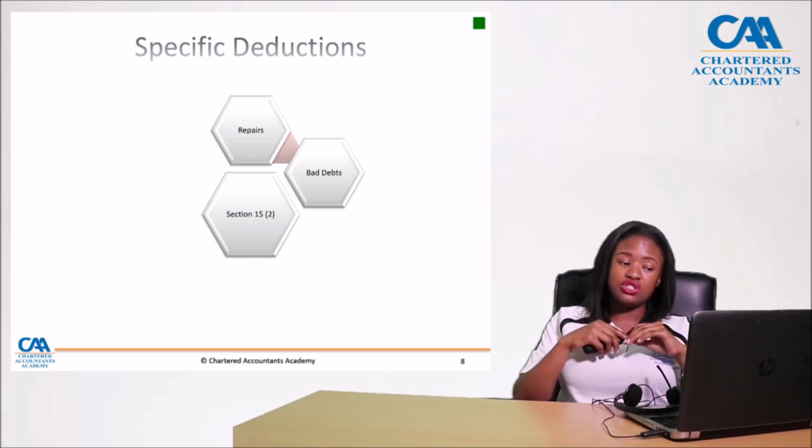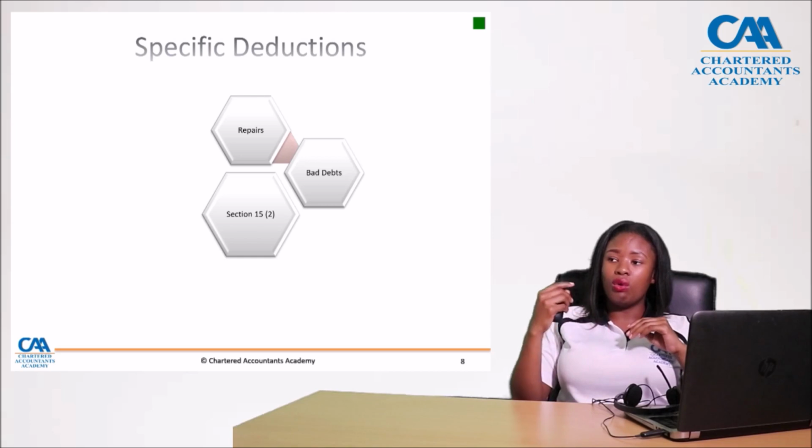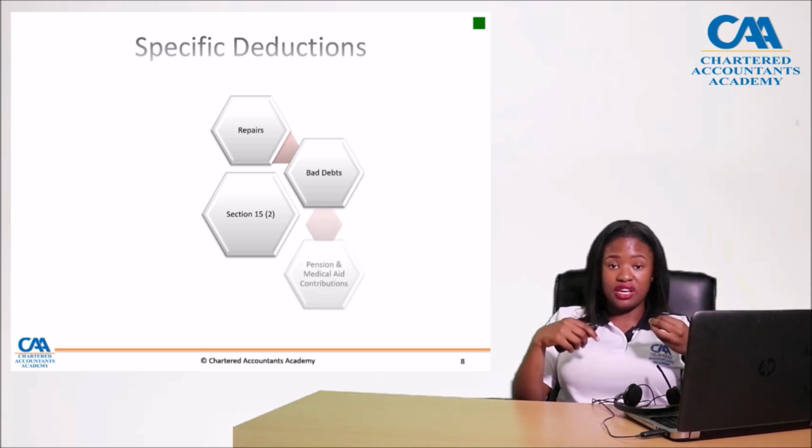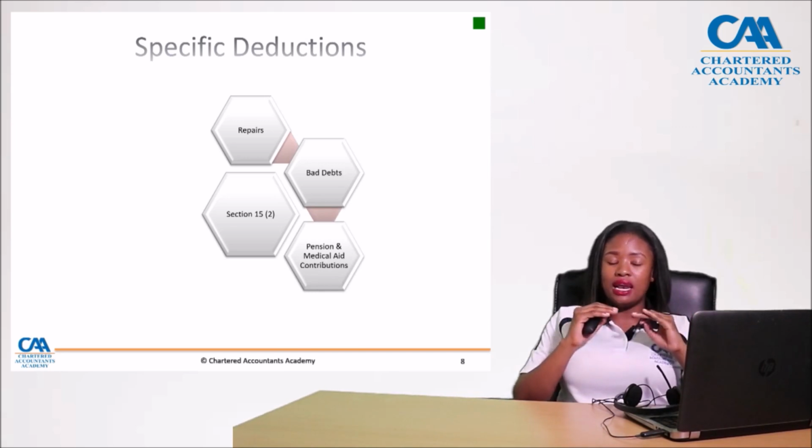Then we also have pension and medical aid contributions. So if an employer pays for their employees' pension and medical aid contributions, these are allowed as a deduction. I'm sure you can agree that they are indeed for the purposes of trade. And with regards to pensions, you are only allowed a maximum of 5,400 per year per employee.